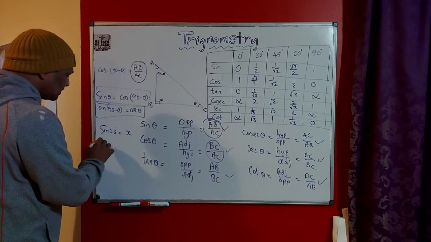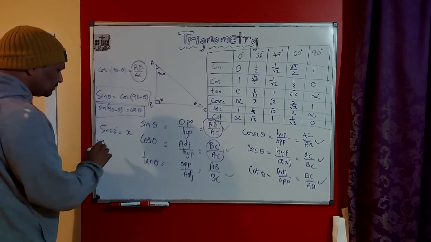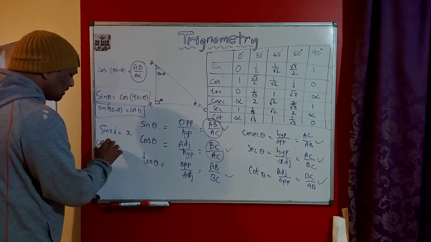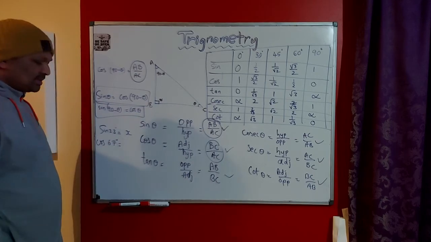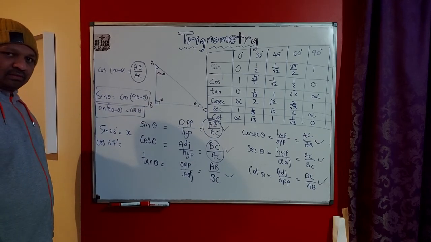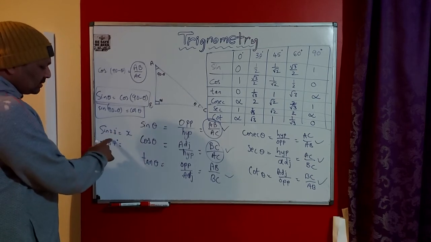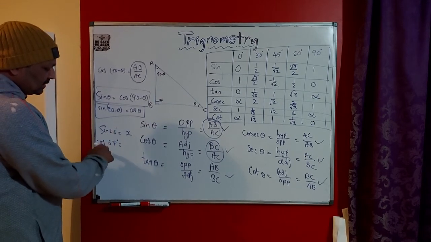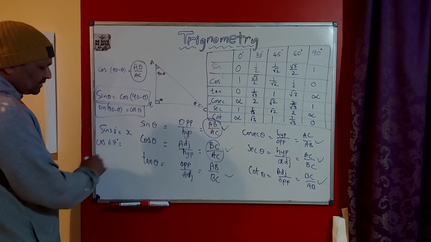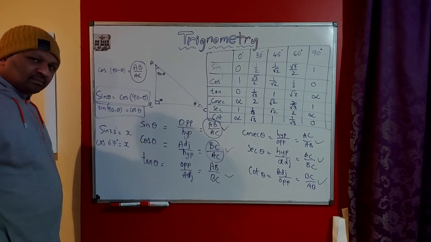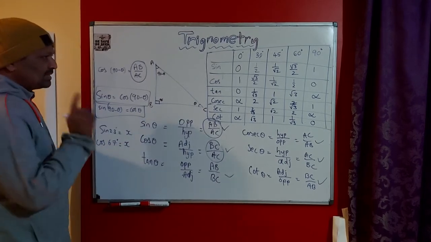What is cos 67 degrees? These two are complementary, isn't it? So this is also x. Cos 67 is also x.